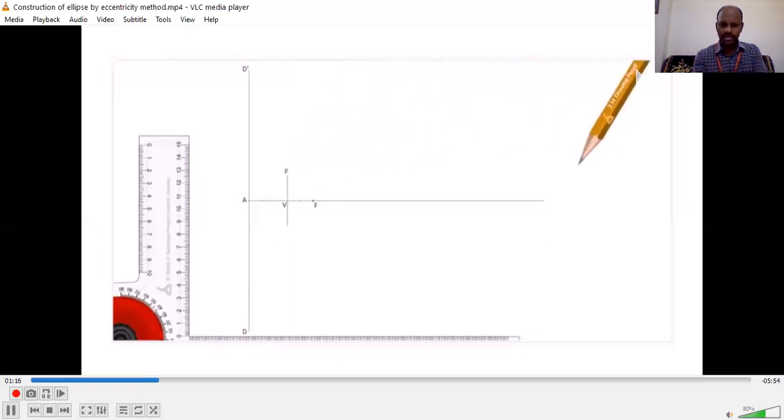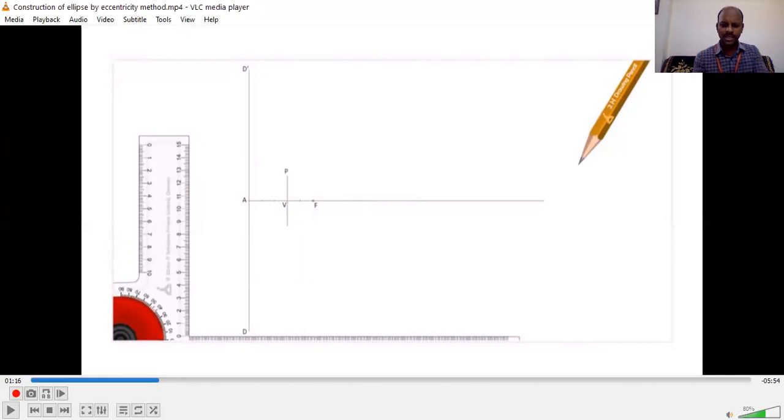I am calling it P. So the distance VF is equal to VP, in such a way that we need to draw one perpendicular line from V and mark the point P. So VP or PV is equal to VF. That is very important. So this logic you need to apply, whatever concept I have explained till now. The same concept you need to apply for drawing the remaining curves, parabola and hyperbola. You need to apply the same principle.